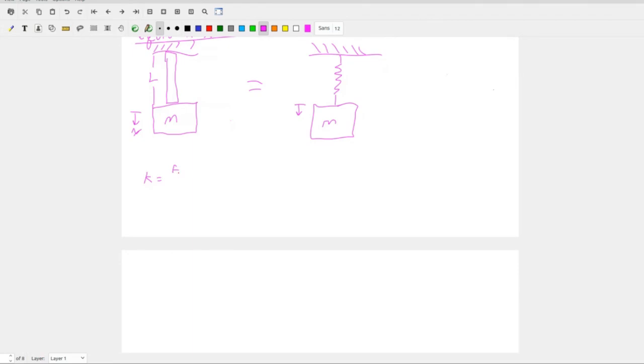which can be defined as our force over our displacement, just kind of rearranging Hooke's law, right? So this is Hooke's law.